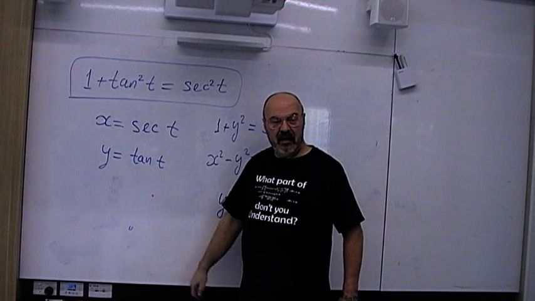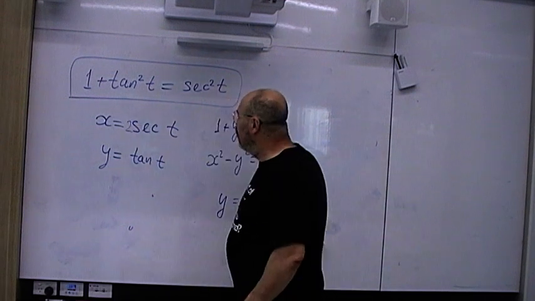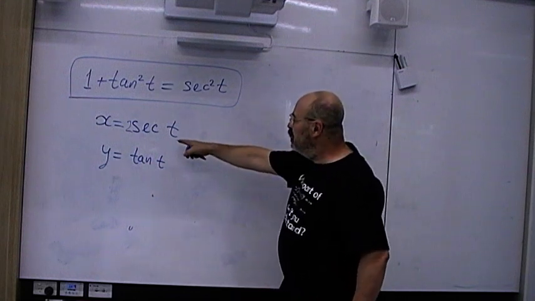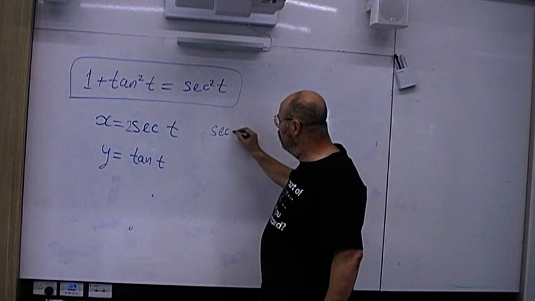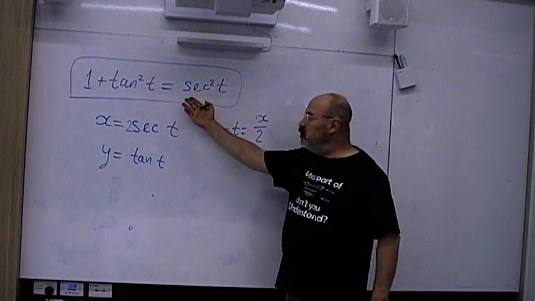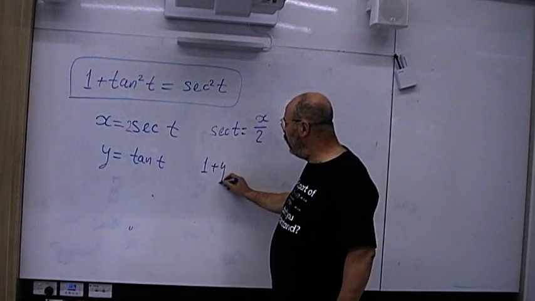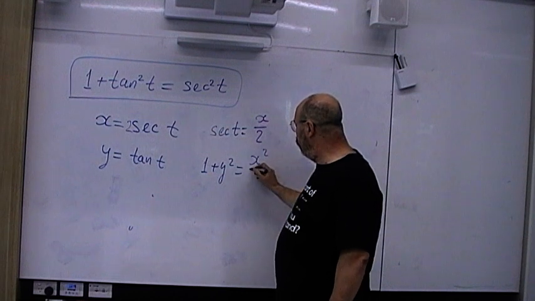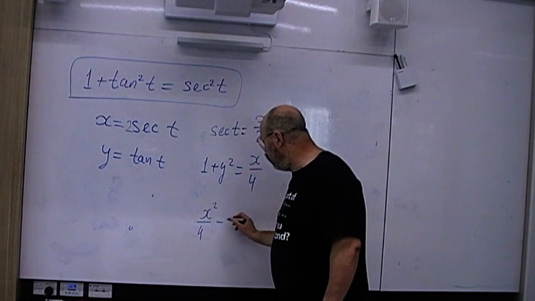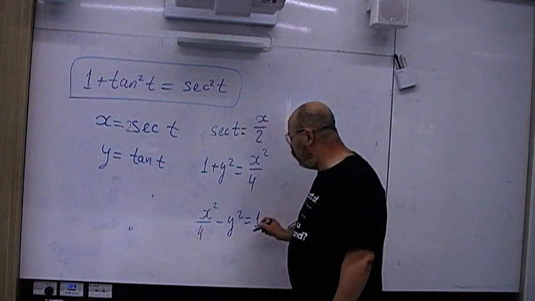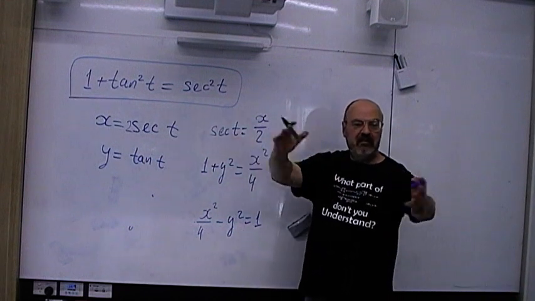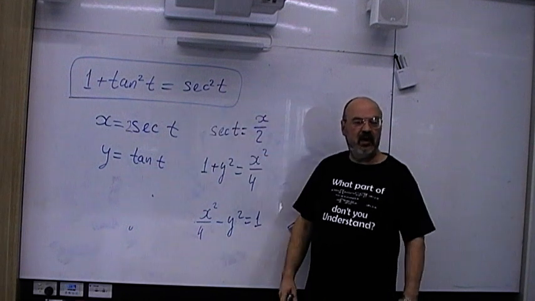What if I have 2 sec t? If we have 2 sec t, then we express secant t equal x on 2. And we substitute it again here and we will get 1 plus y squared equal x squared on 4. And we get the hyperbola x squared on 4 minus y squared equals 1. It will just change the asymptote, it will change how the hyperbola opens, more wider or narrower.